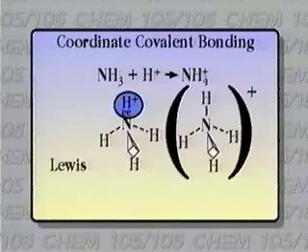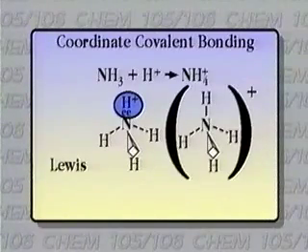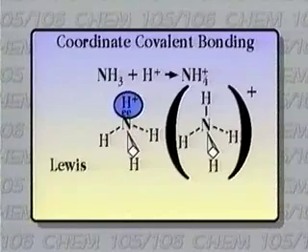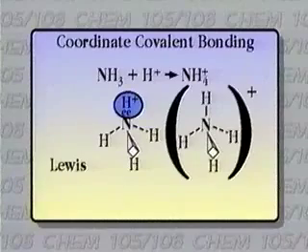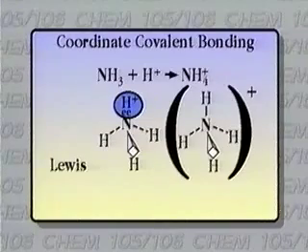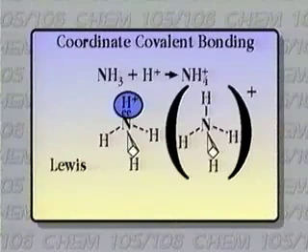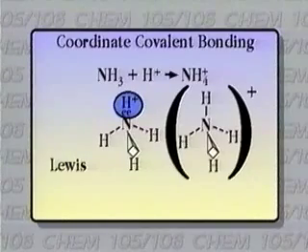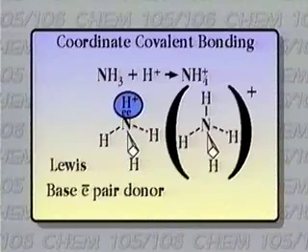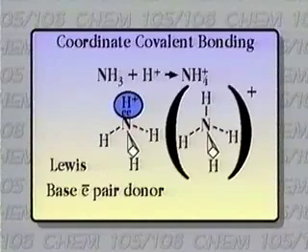Now, Lewis, who is the one, of course, that we're talking about, Lewis structures, Lewis then said, what is it that's really involved in acid-base reactions? It really isn't the proton, it's electrons. Electrons form bonds. Why don't we define acids and bases then in terms of bonds, in terms of electron pairs? And so Lewis then said, we can define a base then as anything that has an electron pair to donate.